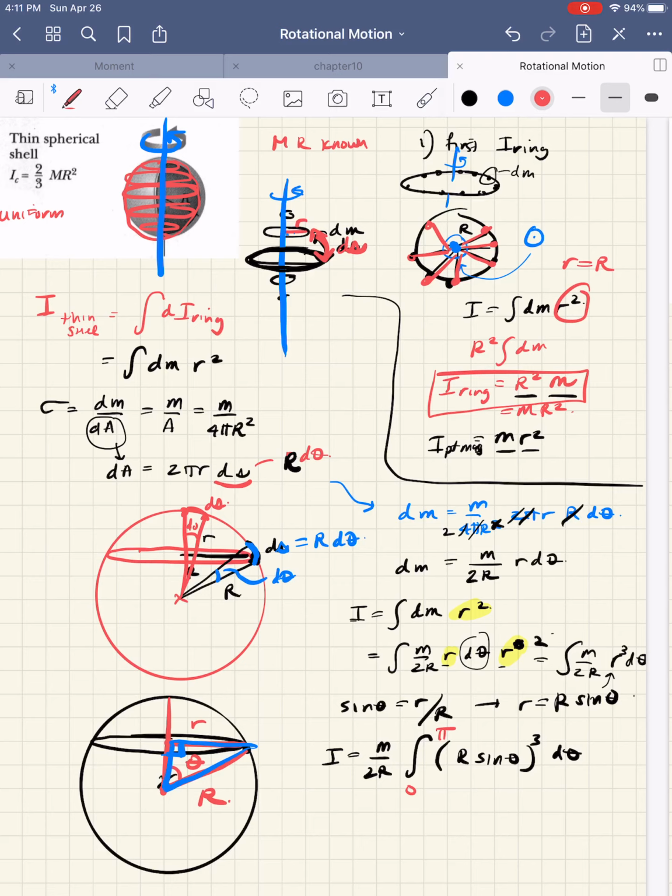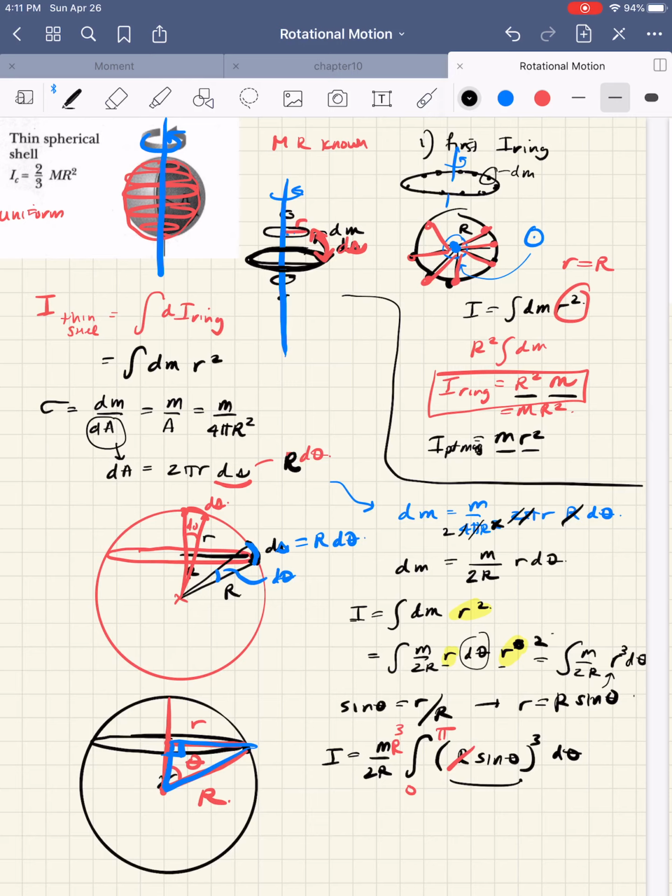Oh, excuse me, I'm so sorry. Don't know why I keep doing that. This R cubed can come right on out because it's a constant, so I'm really integrating sine cubed. After I do that and plug in my limits of integration, you can look it up, or if you feel like integrating this thing, please feel free to go for it.